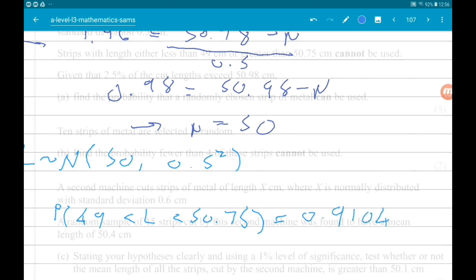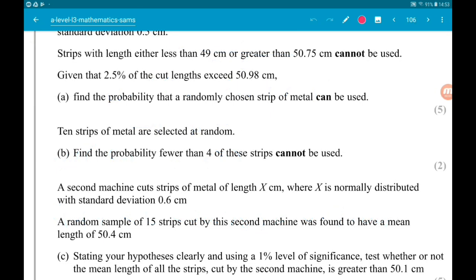Cool. Okay, then for part B, 10 strips are selected at random. Work out the probability that fewer than 4 cannot be used. Okay, so this is now a binomial situation. A strip either can or cannot be used. So, the first thing we can do is work out the probability a strip cannot be used.